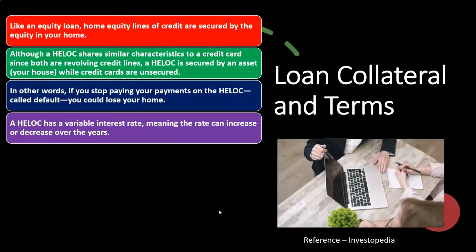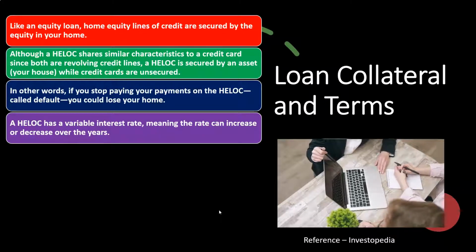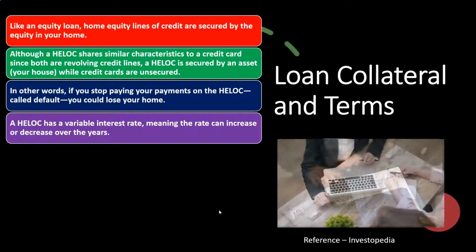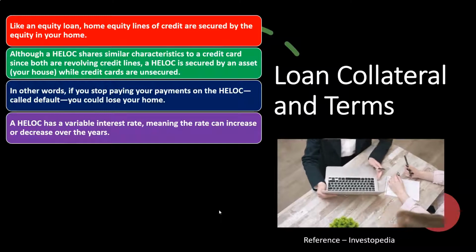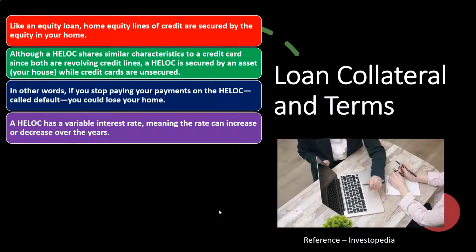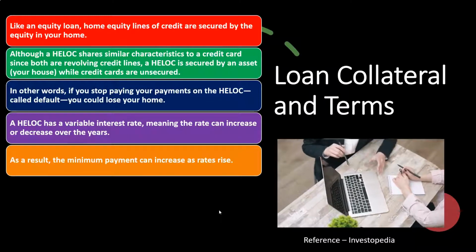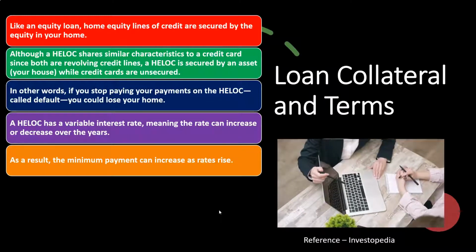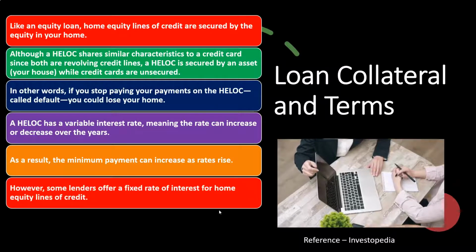The HELOC has a variable interest rate, meaning the rate can increase or decrease over the years. This can be like an ARM that we've talked about in the past, can be beneficial or non-beneficial, but the interest rate will basically fluctuate over time. As a result, the minimum payment can increase as rates rise.